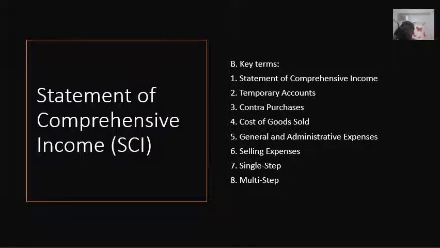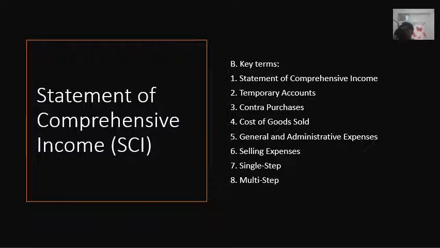In addition, after our discussion, you should be able to describe the following key terms. Number 1, statement of comprehensive income. Number 2, temporary account. Number 3, contra purchases.